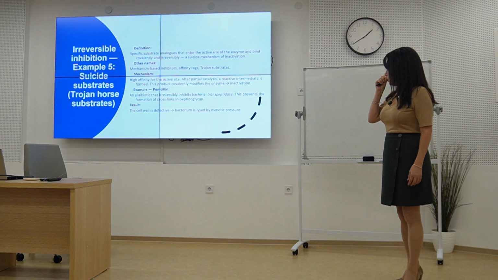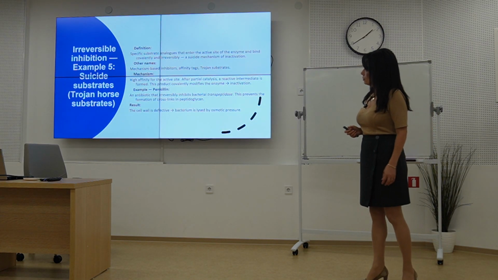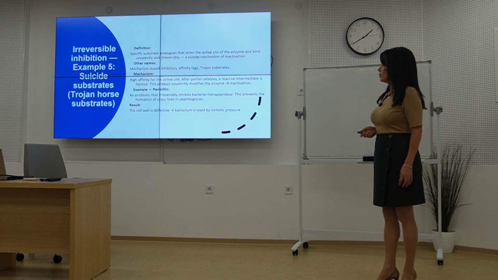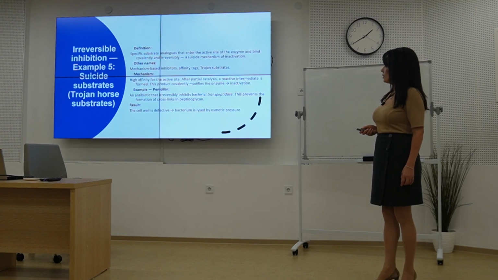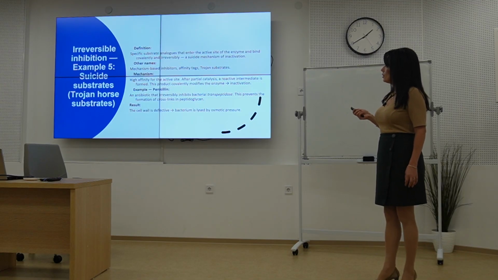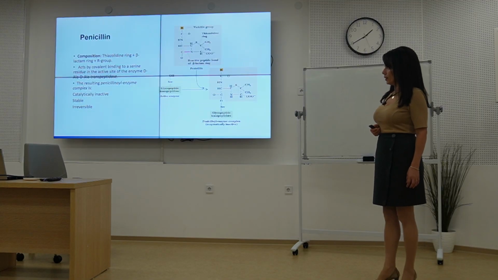The next example is penicillin. It's a so-called suicide substrate: specific substrate analogs that enter the active site of the enzyme and bind covalently and irreversibly. This is the mechanism of action of penicillin.